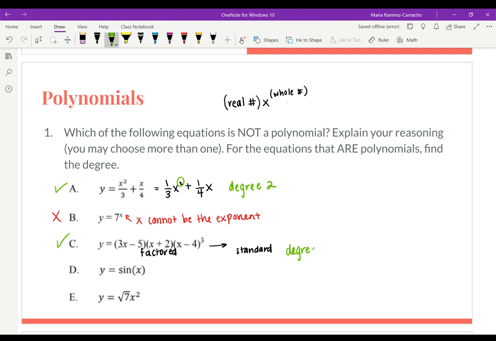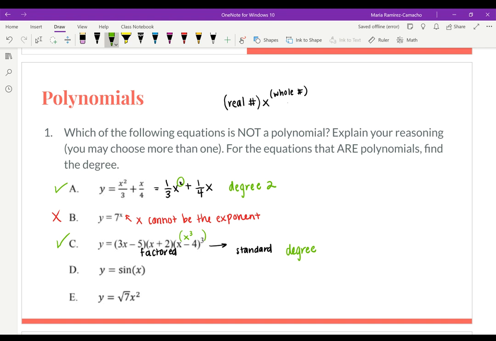And to find the degree, we've got to think about what the biggest power of x would be if we were to multiply this out. Just looking at the x minus 4 cubed, if you were to expand this, x minus 4 times x minus 4 times x minus 4, the biggest power you would have for x just for this part would be x cubed.